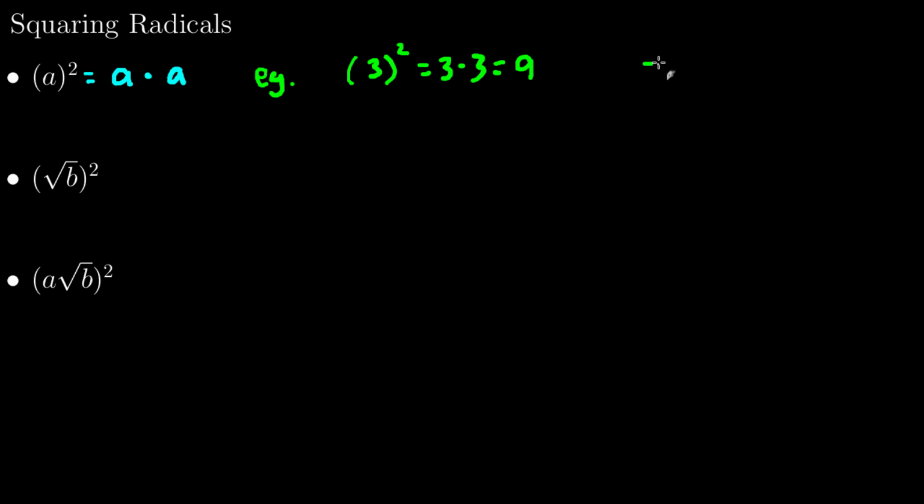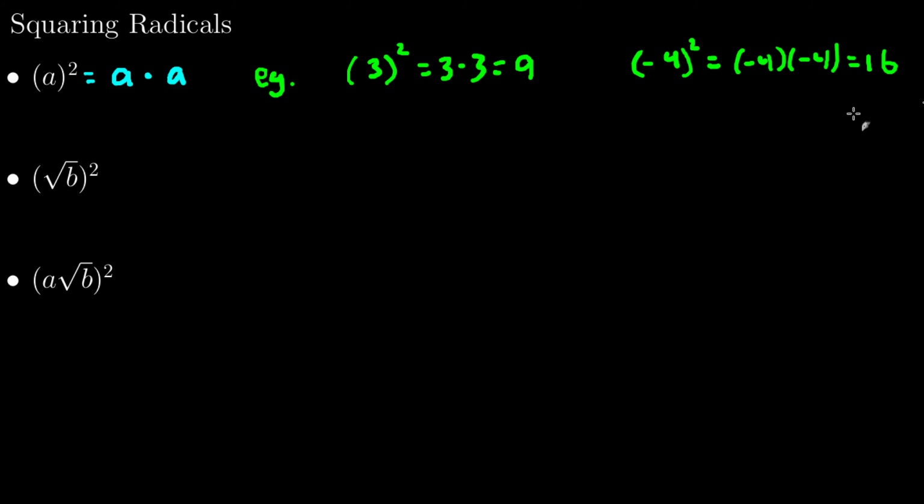If I had negative 4 squared, that would be negative 4 times negative 4, which would be 16. And of course, we wouldn't see a negative 4 in this type of problem because we're dealing with side lengths, but we know how squares work in this context.